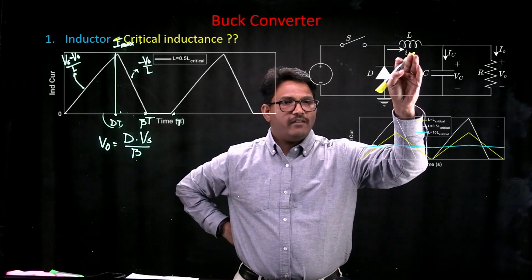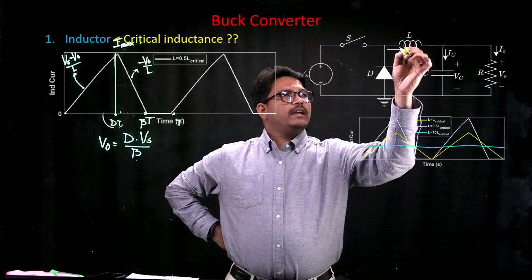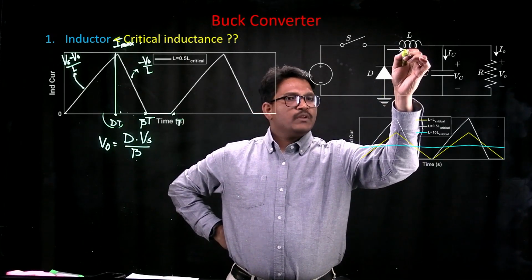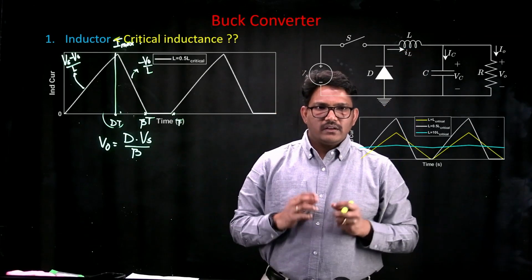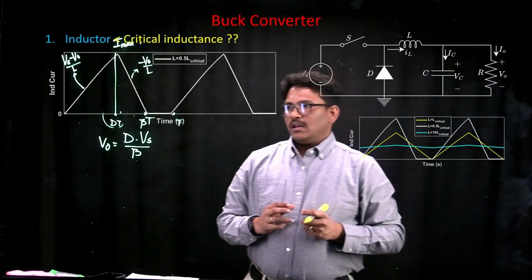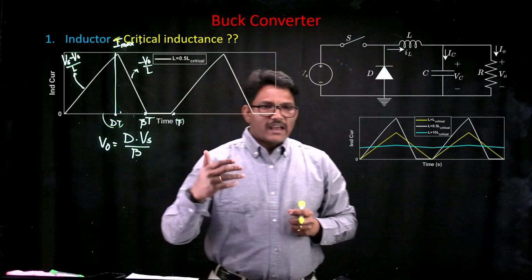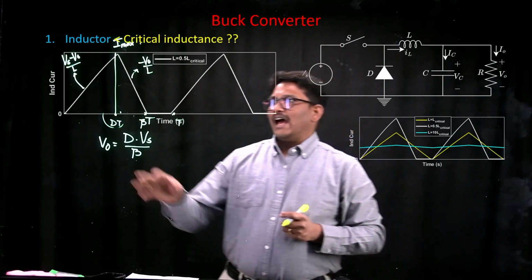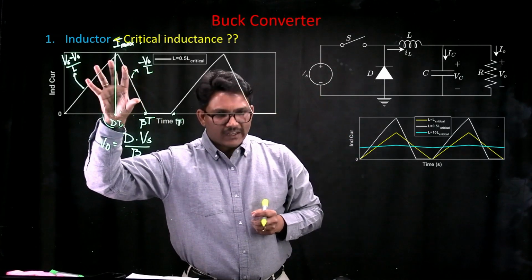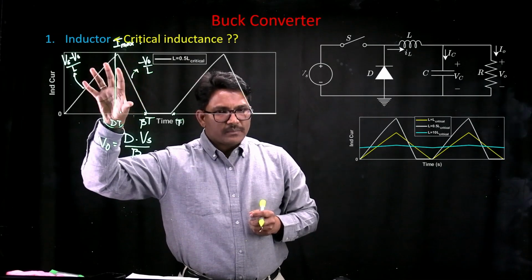If you look at the average value of the inductor current, in order to know the value of beta, which will let us calculate the output voltage in this case, we try to utilize the average value of current flowing through the inductor. Now, how much will be that average value?